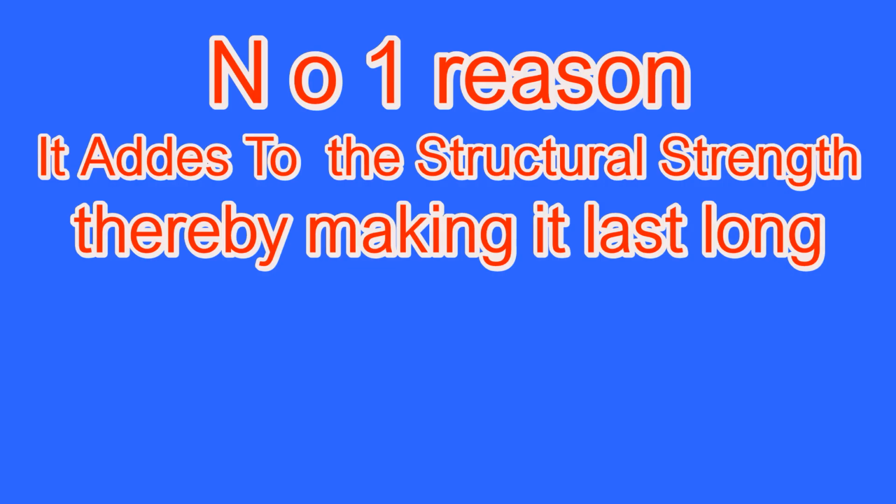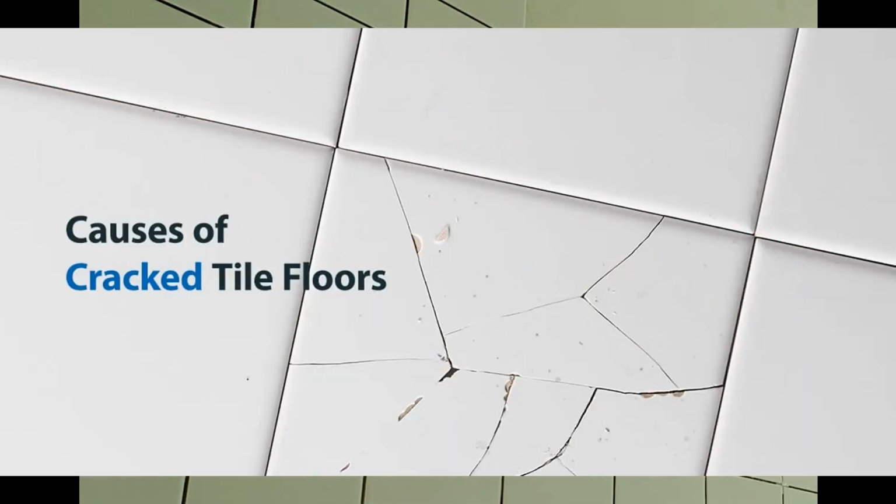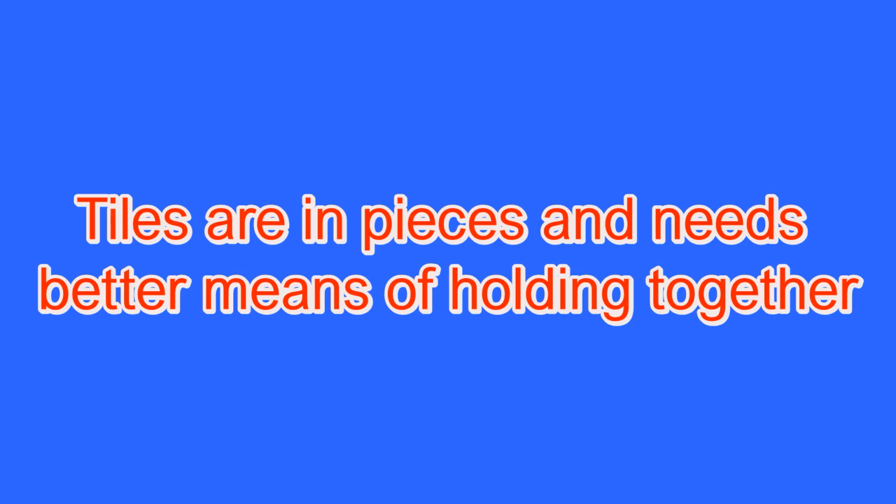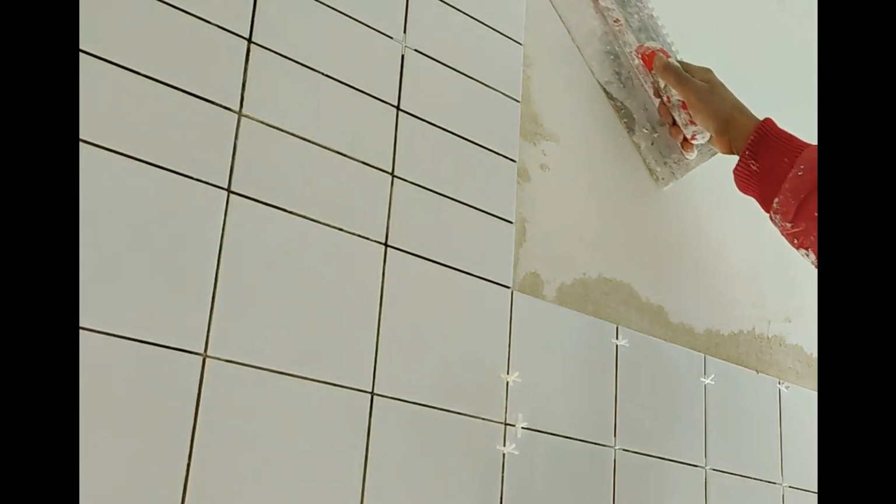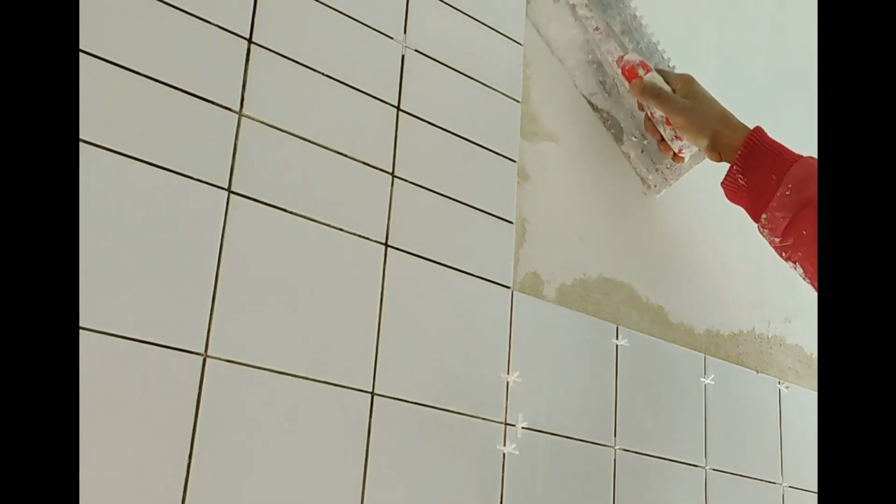One, we need to find out that grout supports the structure. So it provides structural support. Your tile work comes in pieces. There are many pieces of the tiles. Some of them could be 60 centimeters by 60 centimeters, or 600 millimeters by 600 millimeters, or any size.